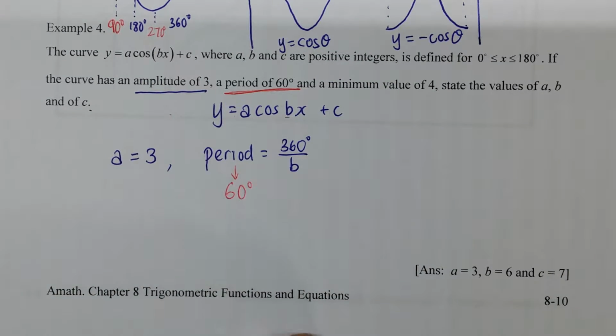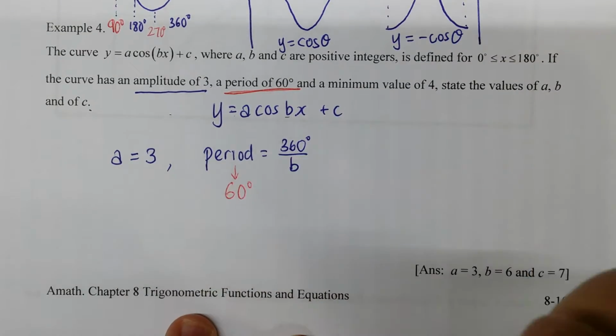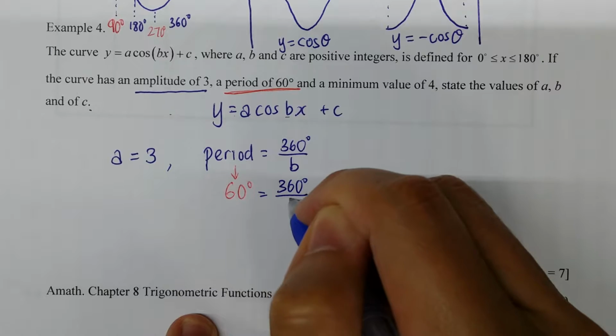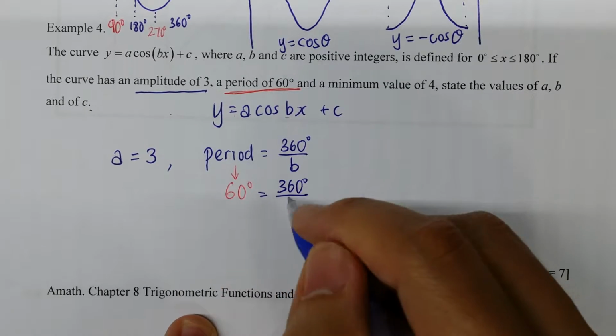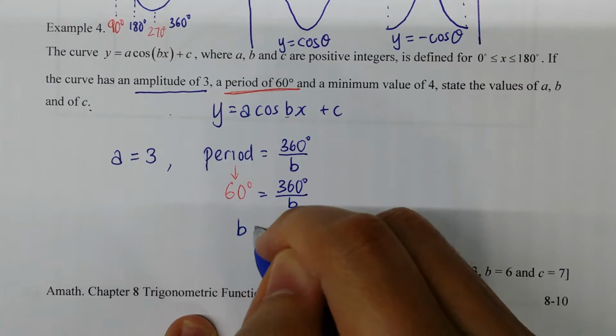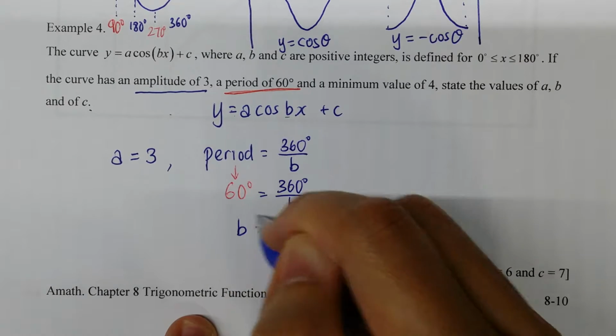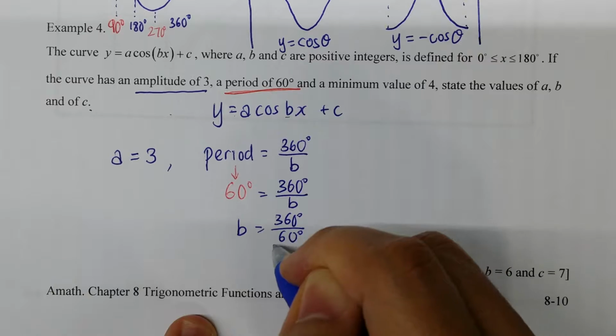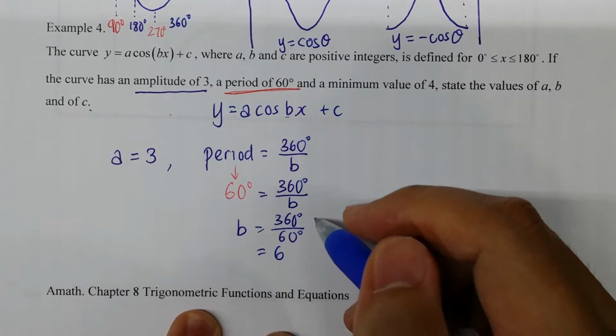Can I solve for b? Yes, I can. So b swaps position with 60, then 60 divides. The answer for b is 6.